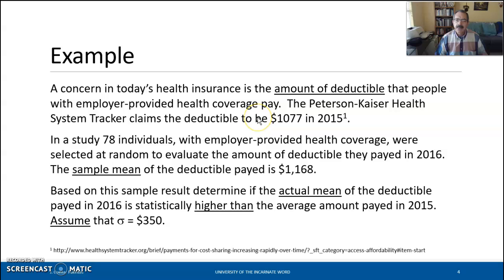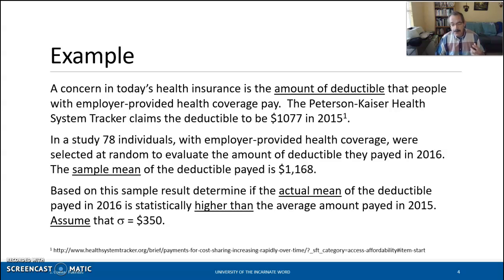They said that the deductible for someone with employer-provided insurance was $1,077 in 2015. So in a study, 78 individuals with employer-provided health coverage were selected at random to evaluate how much they paid in deductible in 2016, so that's a year later.